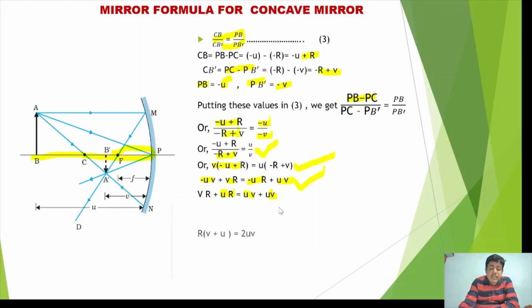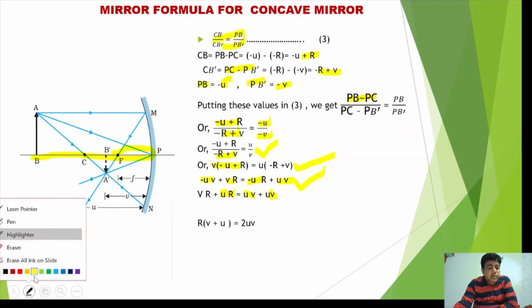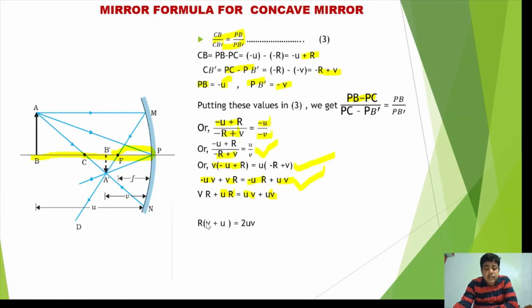So here VR plus UR, because R is the common factor, we take it as common, so it will be R into V plus U. And UV plus UV is 2UV.